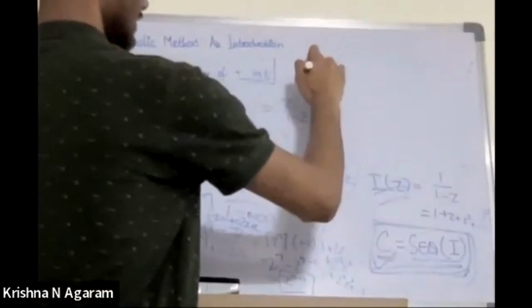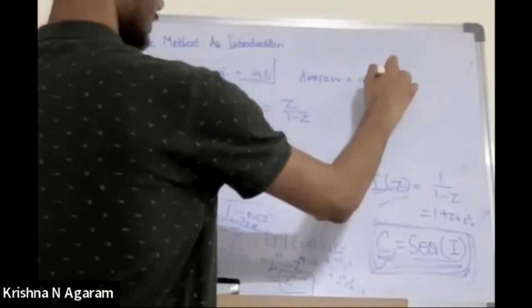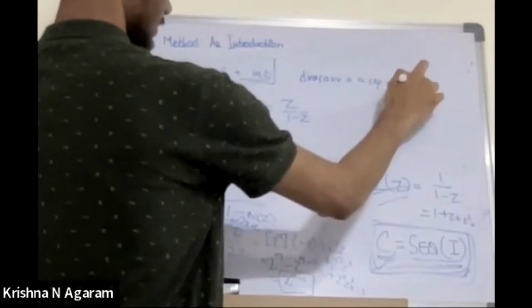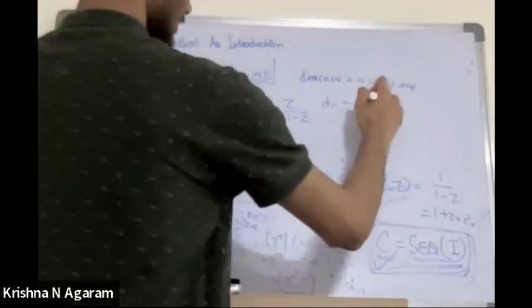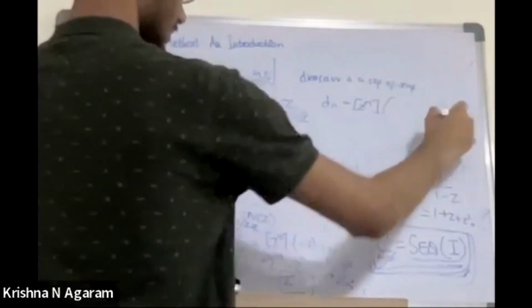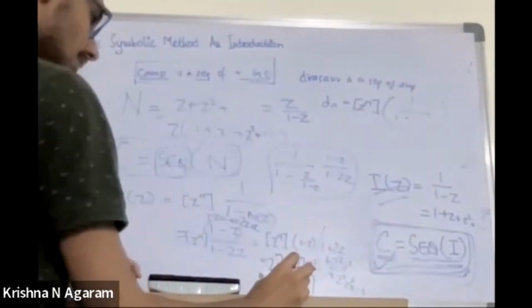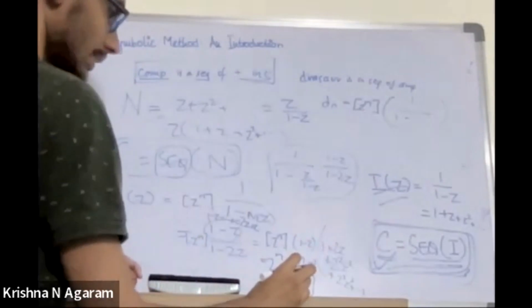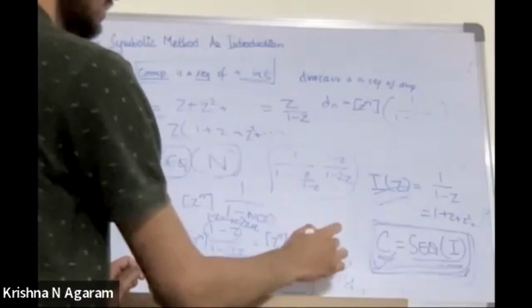Or why this may be more useful for harder problems? I said, right, a dinosaur is a sequence of compositions. How many dinosaurs of size n are there? Well, it's just z to the n in this whole thing. First, you have to check that C0 is 0. What is C0?